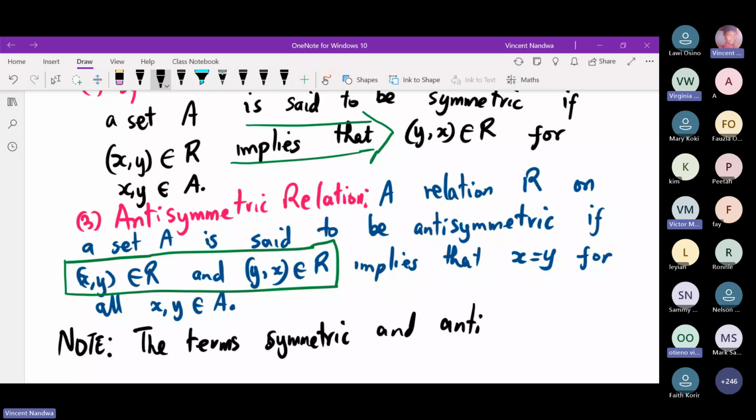So kindly be attentive and listen so that you get the distinction properly. If you don't pay a lot of attention, you may have trouble doing the classification. So remain attentive kindly. The terms symmetric and antisymmetric are not opposites.